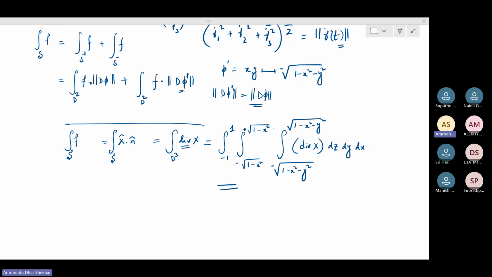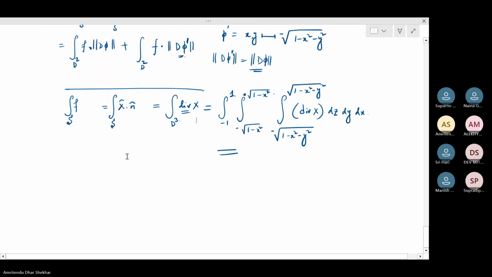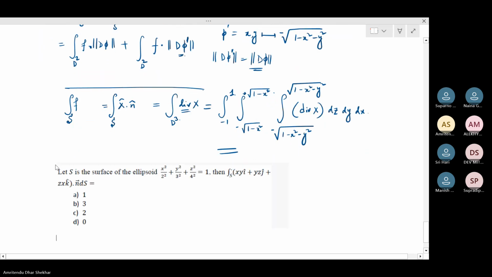Then you're going to look at a problem. Okay. Right. So you have an ellipsoid over here.